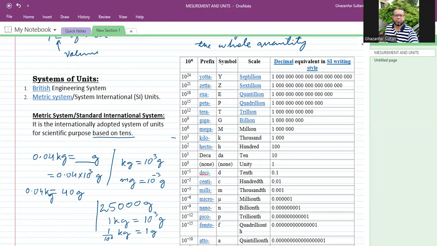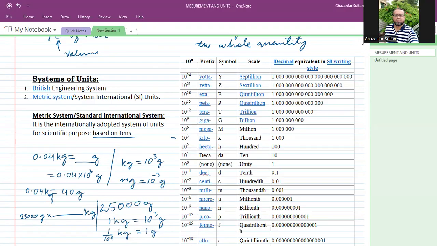Okay, so you are to convert 25,000 gram into kilogram. I will teach you in detail the dimension analysis for conversion of unit, but right now I'm just telling you, okay, what does it mean that it is based on 10?